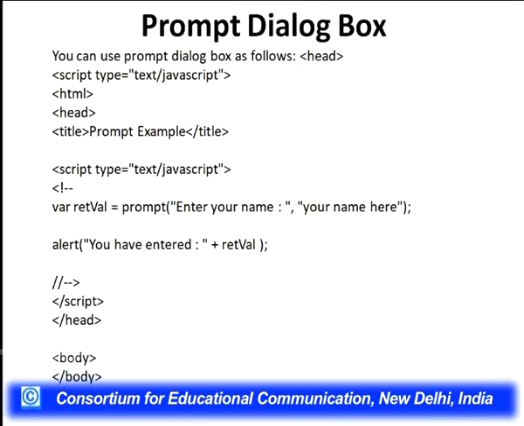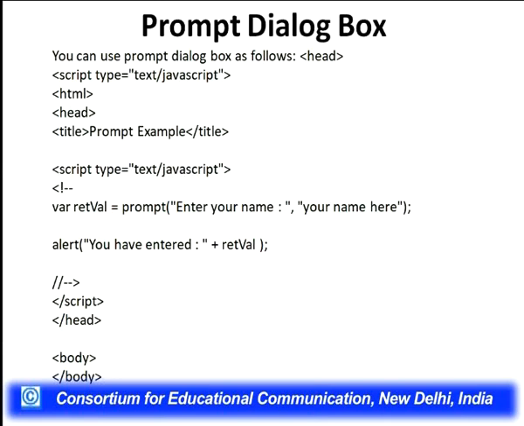The next dialog box which is very commonly used to accept the user's input is the prompt dialog box. This is also a method of the window object. Whenever you want to accept any value from the user, you declare a variable, and in that variable you call the prompt method and store whatever value the user enters.